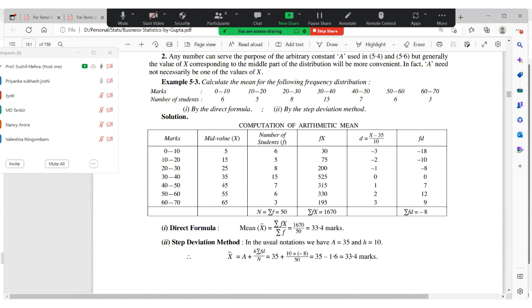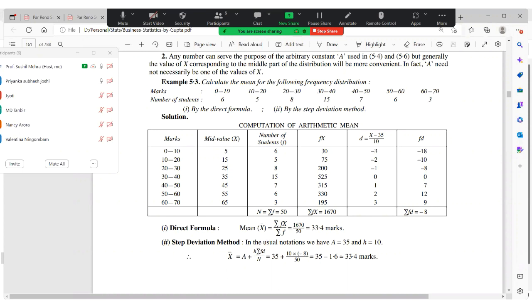Now come to this. This is a continuous series example, because in this the intervals are given, right? The first column is marks, the second is number of students. A number of something is always frequency: number of students, number of males, number of females, number of trees. Whatever the number of is given, that is the frequency.